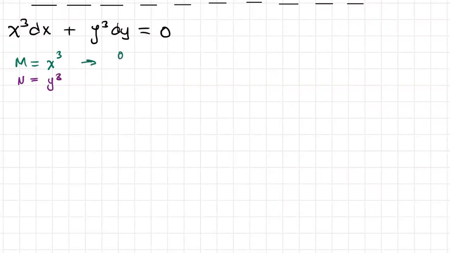So we'll do the partial derivative of M with respect to y, and we will find the derivative of x cubed with respect to y. Since x is not a function of y, x and y are different variables, then the partial derivative of this will be 0. Let's try the second one.